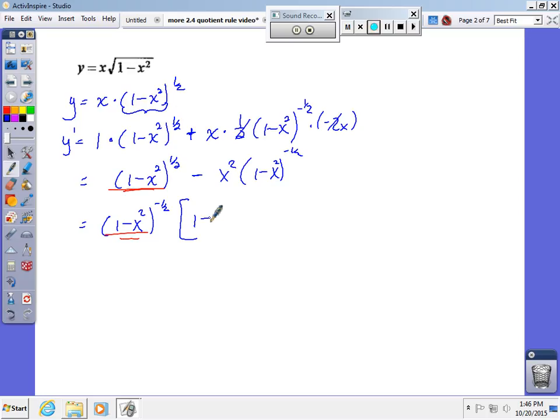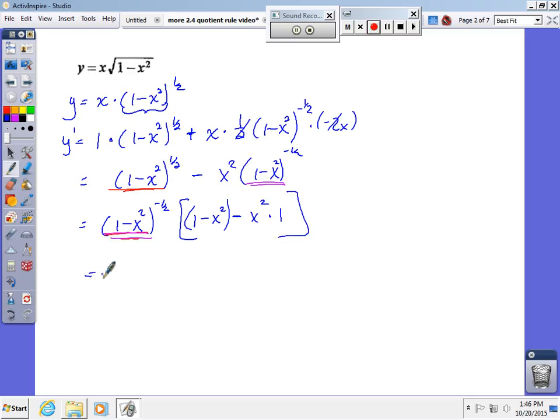So I'm going to have 1 minus x squared to the first, and then minus, and if you want to put it in parentheses, you put it in parentheses. An x squared divided by 1 is just an x squared. And now when I do this divided by this, subtract the exponents, it's going to be to the 0 power, which is just a 1. Anything to the 0 power is 1.